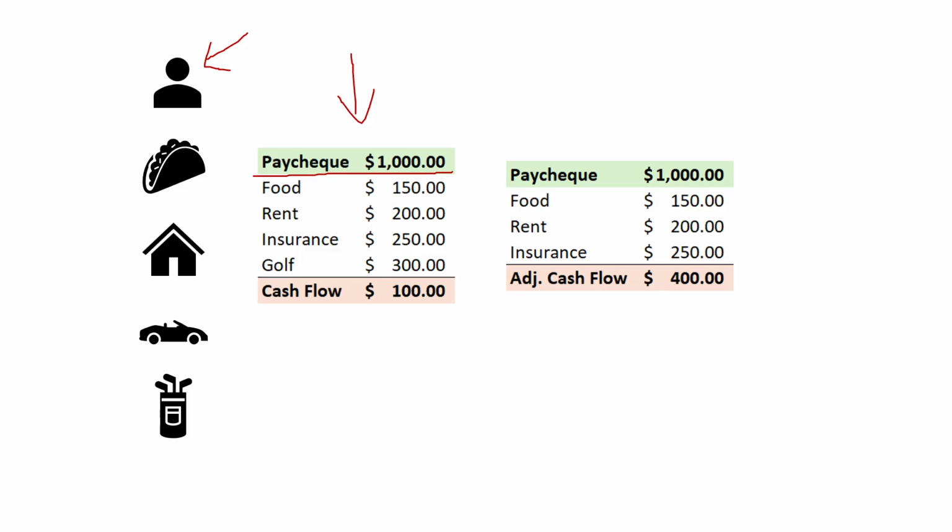For example, you've got to pay for food, right? You've got to pay for rent. You've got to pay for insurance, and maybe you go golfing every month, or every week actually, if you're spending $300. These are the four things that I chose that you'll have to spend to keep yourself alive. And what you're left with after you deduct all these expenses is your cash flow.